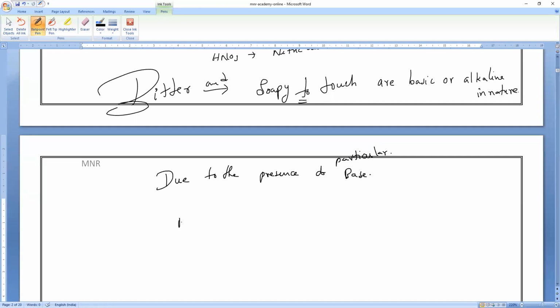For example, as I told you, the most popular acidity tonic. What is the tonic actually? Milk of magnesia. In this, you can notice, it contains magnesium hydroxide. Magnesium hydroxide is basic in nature. What is the formula of magnesium hydroxide?